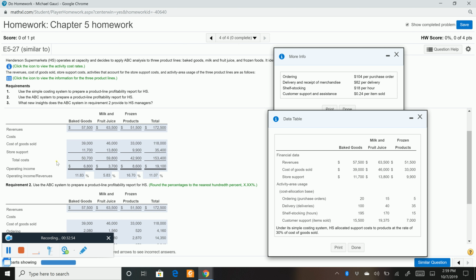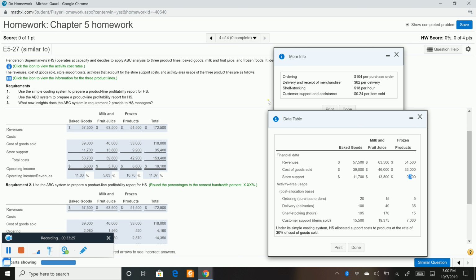All right, author gave us that information. And using a simple costing method, here's the allocation of our indirect costs called store support. $11,700 for baked goods, $13,800 for milk and fruit juice, and frozen products, $9,900. But what we want to do is we know that our store support really breaks down into four different activity areas.